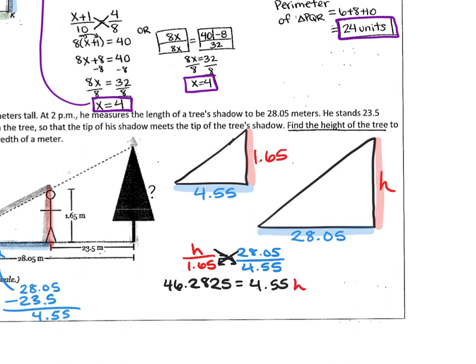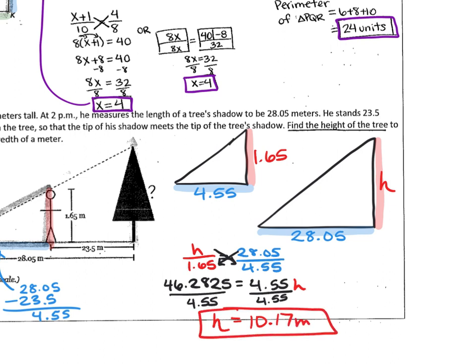What do I have to do with these numbers to get that h, the height of the tree, by itself? Divide, very good. So we're going to divide both sides by 4.55, which again is an ugly decimal for us, but we find out that the height of the tree is going to be equal to approximately 10.17 meters, which is actually a really, really tall tree. It's like 30 feet tall, approximately.